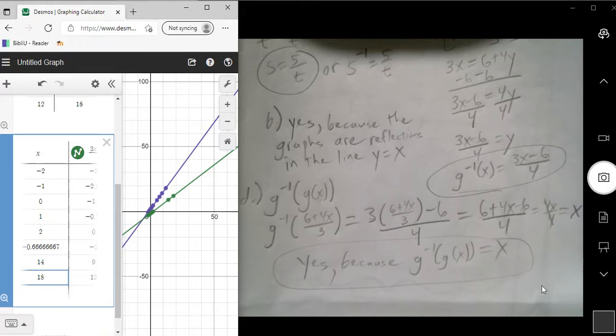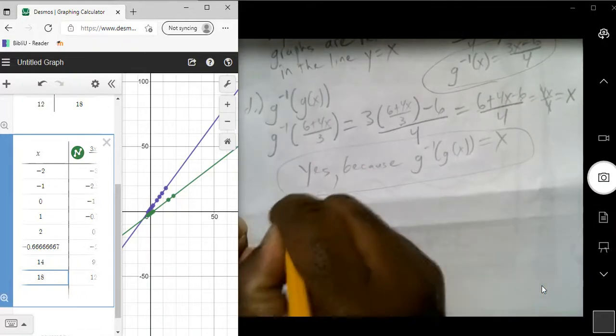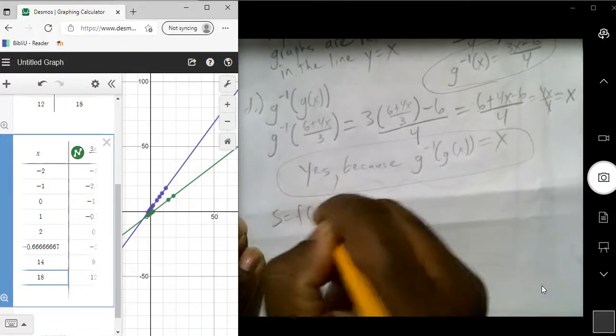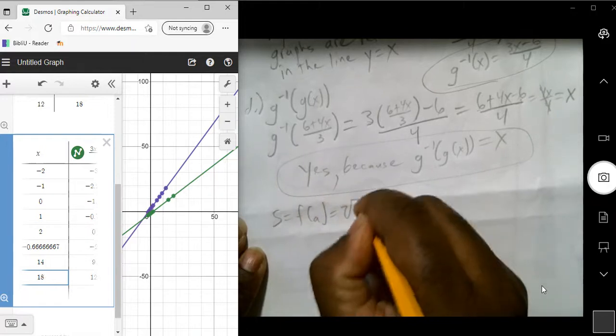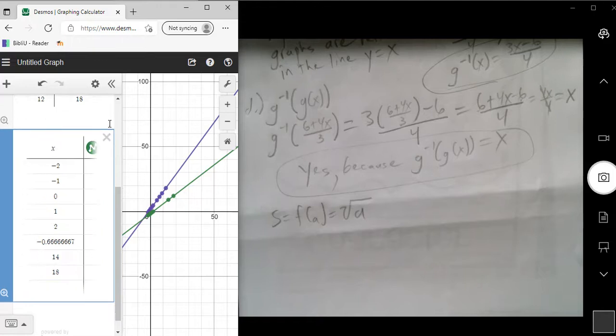All right, so we had s is equal to f of a, which is equal to the square root of a. So they want us to graph s, and then they want us to sketch the s inverse. Okay, we're going to use Desmos.